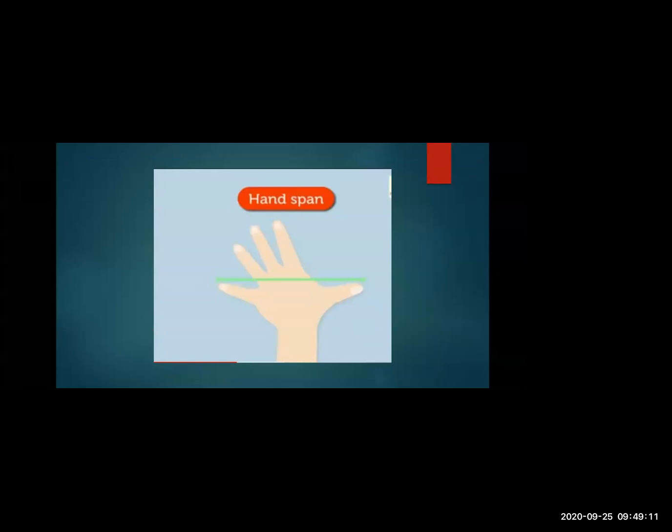I told you that in ancient time, people used their hand span to get the measurement of the length, to get the measurement of the 2 points.